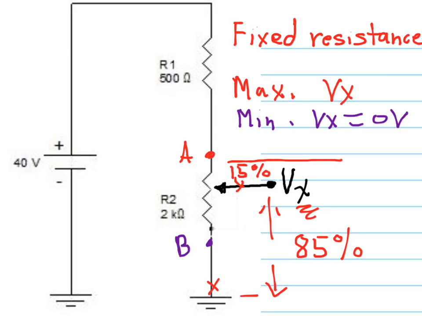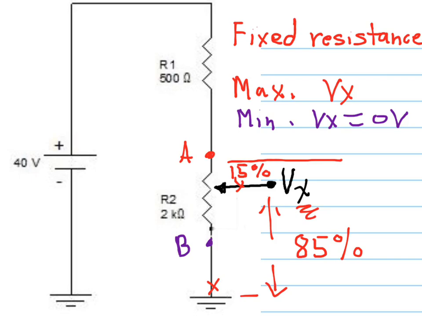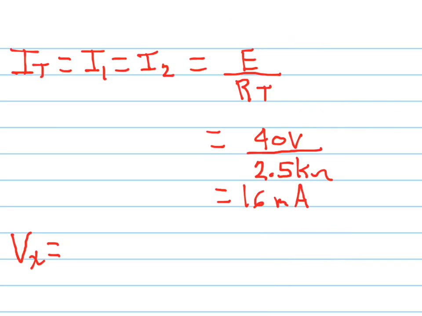Okay, so we can say then that voltage Vx equals the nominal resistance of R2, so that would be 2 k ohms times 16 milliamps.